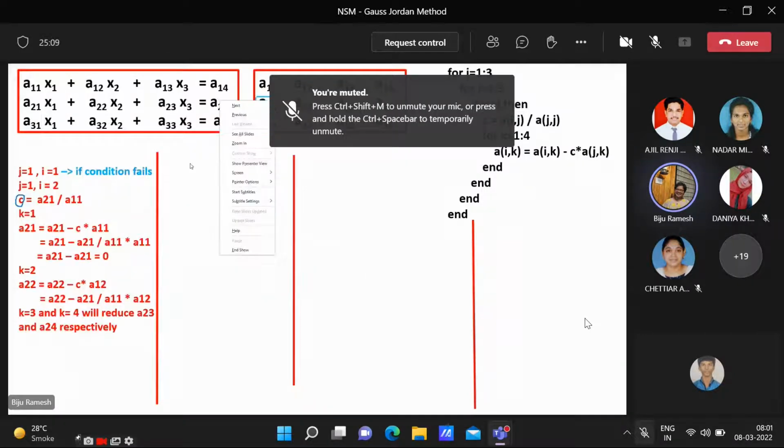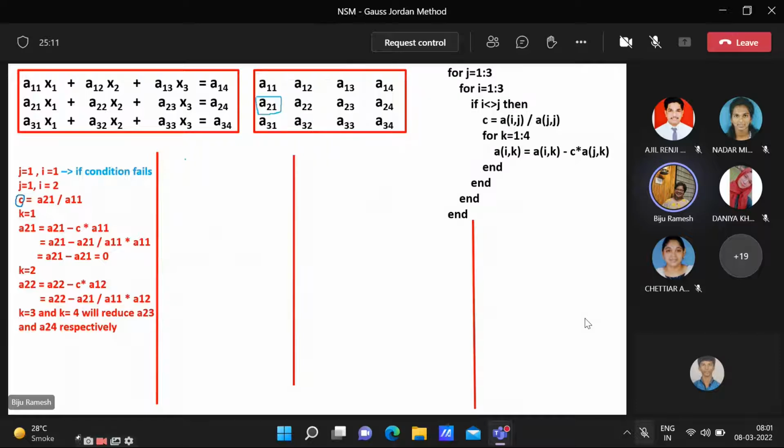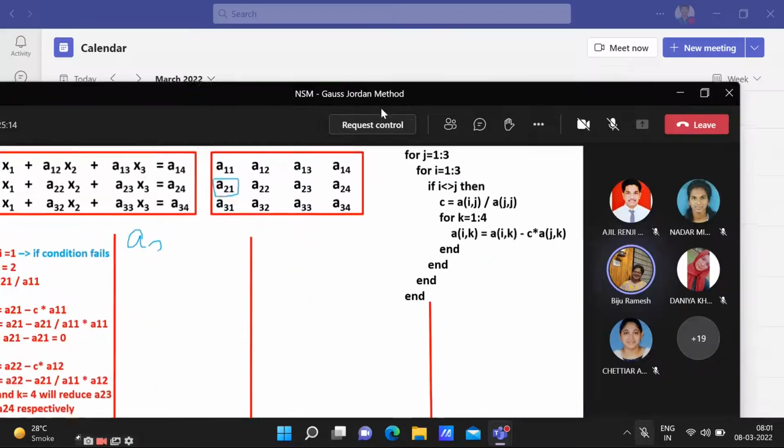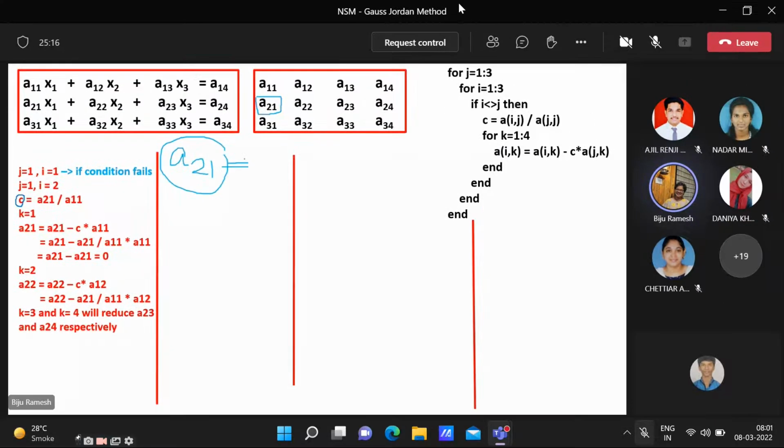So our aim is to reduce this A21 to 0. First we find some scalar using which you can multiply and subtract and then arrive at 0. So how will we reduce A21 to 0? It should be A21 minus A21. Only then can you reduce A21 to 0.